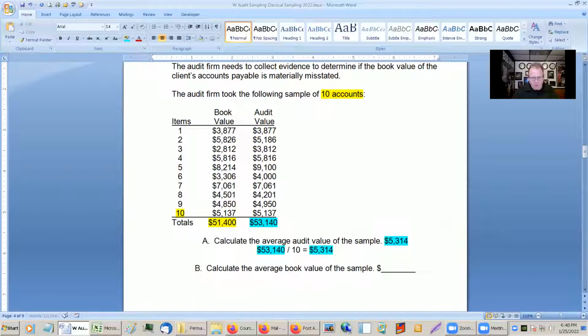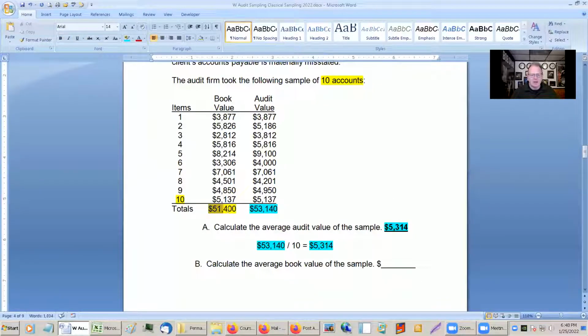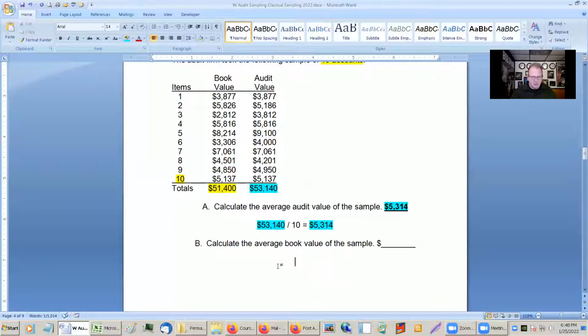All right, so this would be our average audit amount. And we're going to do the same thing down here for this one. $5,040.